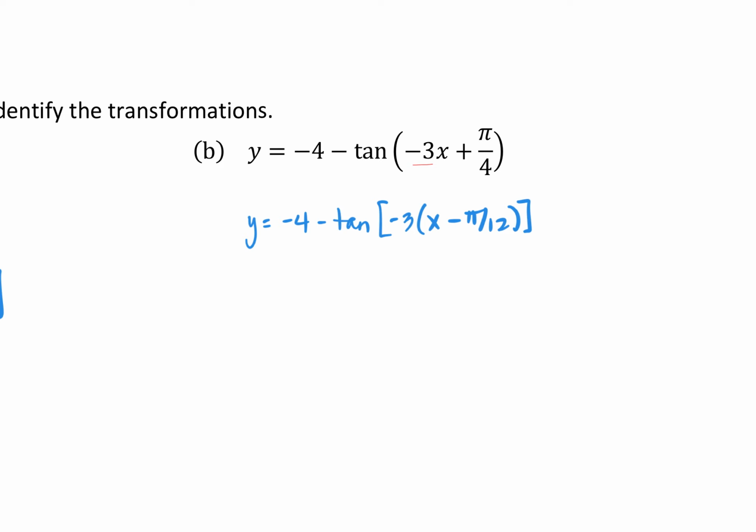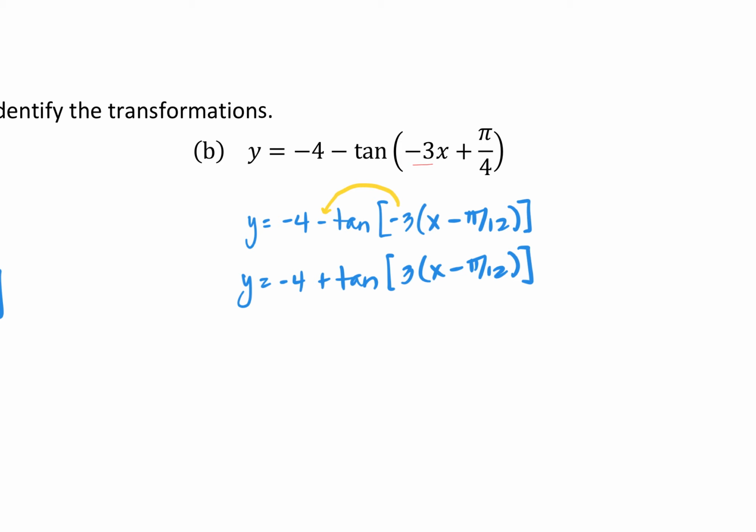And I'm losing my voice again. So we have that negative in front of the 3 that we need to get rid of. Tangent is an odd function. So remember, with odd functions, you take the negative and you bring it out in front of the trig function. So the negative negative will be a positive, and this becomes y equal to negative 4 plus tangent of 3 times, in parentheses, x minus pi over 12.